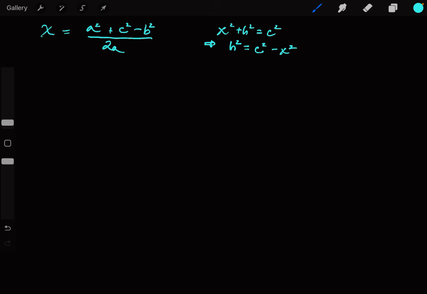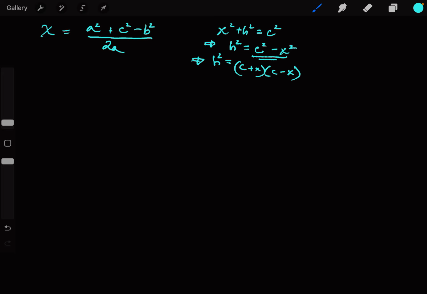But here's where you really got to be strong with the algebra, because you got to remember that c squared minus x squared is what's known as the difference of two squares. And there's a way to factor this as c plus x times c minus x. We have to know the difference of two squares is c plus x times c minus x.